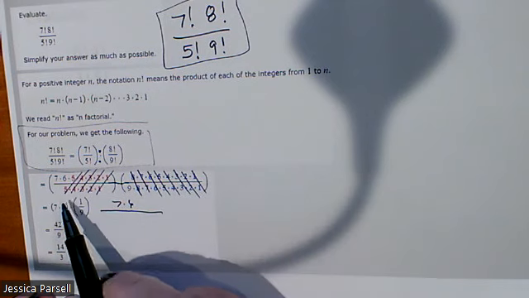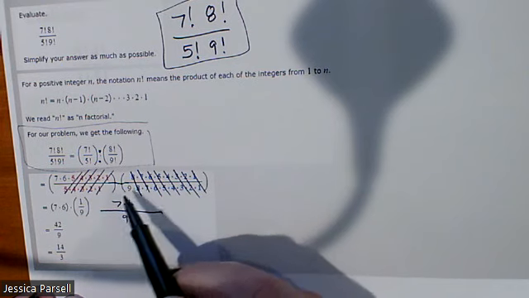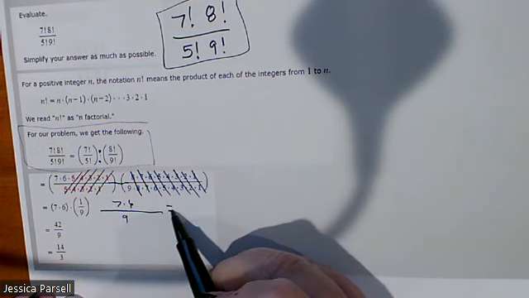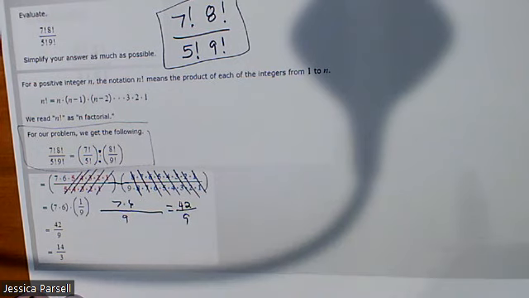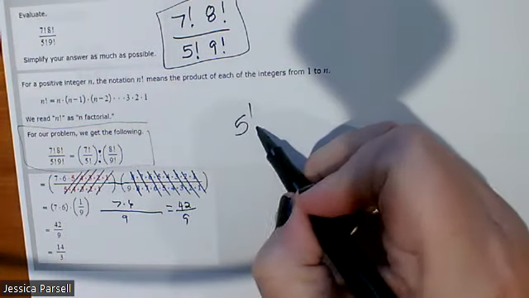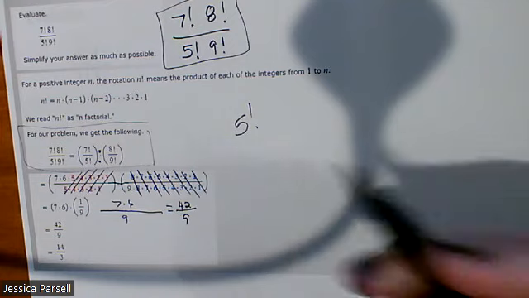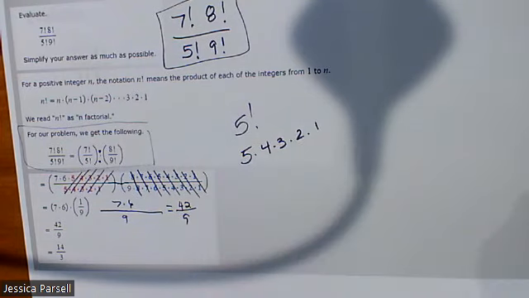And down the bottom, you only have a 9. So this whole thing becomes 42, which is 7 times 6, divided by 9, which they simplified to 14/3. So this might seem kind of scary, but when you see something like 5 factorial, it's just a shortened representation of 5 times 4 times 3 times 2 times 1.